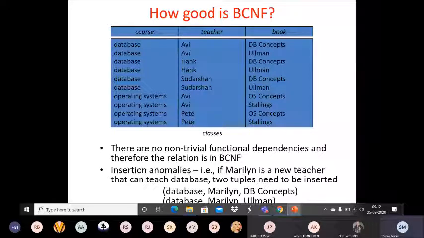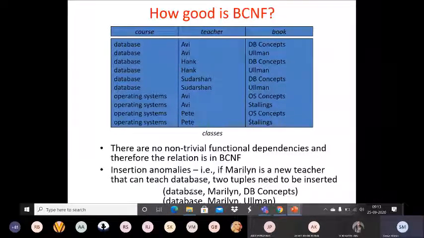So if we want to put the details of one faculty here, we have to put two tuples: database Marlene DB Concept, database Marlene Ullman.